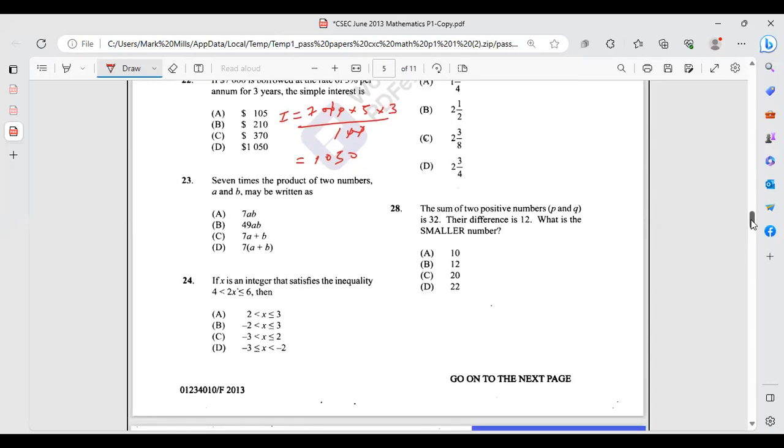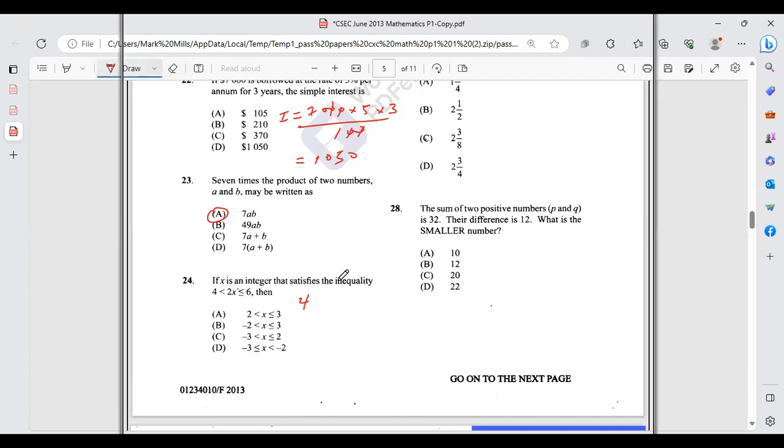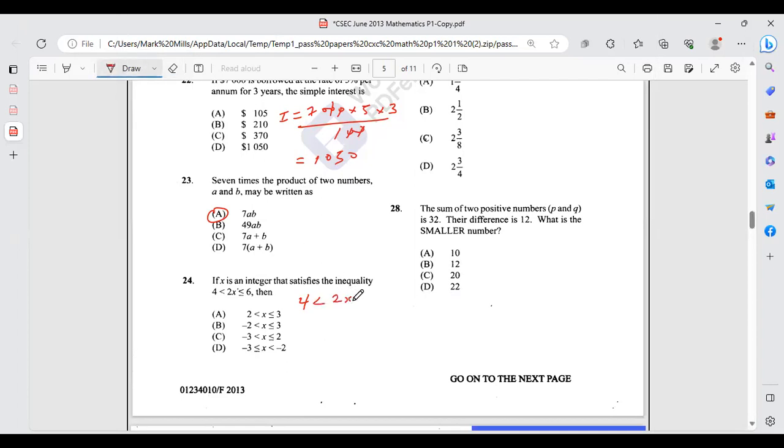23. 7 times the product of two numbers, A and B, can be written as what? Yes, sir. 7 times the product of A and B. A. All right. If x is an integer that satisfies the inequality, right? So 4 less than 2x less than or equal to 6.